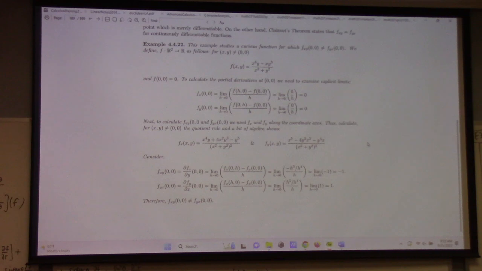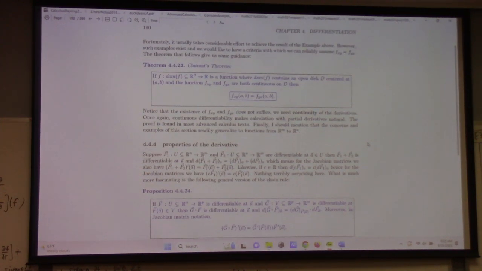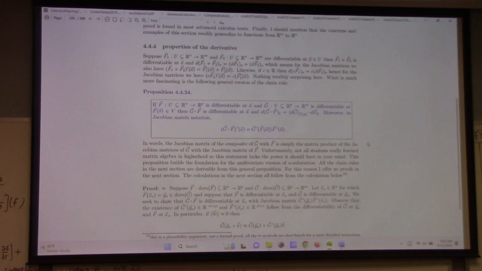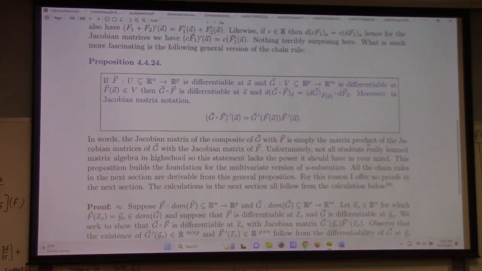So here's some annoying examples where, if you read the notes, I have some examples where the tangent plane doesn't exist. But here's the interesting thing. If you have a function of several variables and you compose them, then you can talk about the chain rule for that.